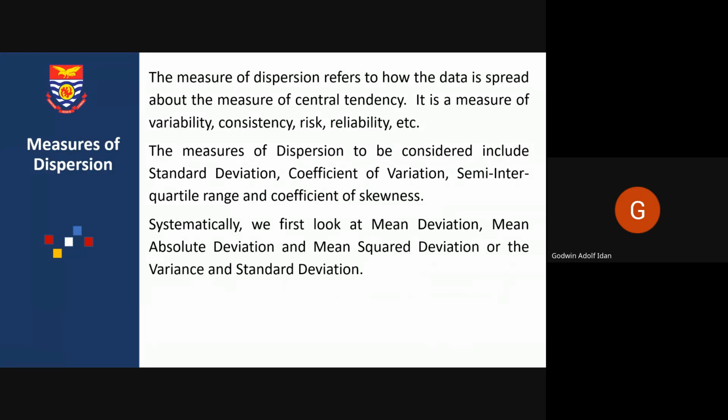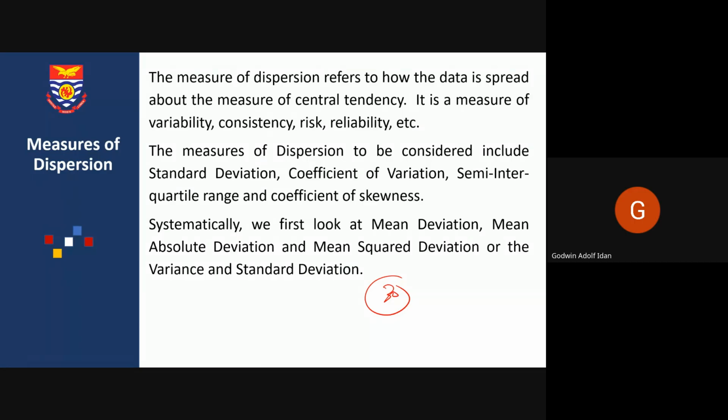So remember the first example we looked at with respect to the mean. We said that if you want to know the average age of, let's say, 5 students, we just add the respective ages and then divide by 5. If the average is, let's say, 30, it doesn't mean that all the 5 are the same age, 30 years.